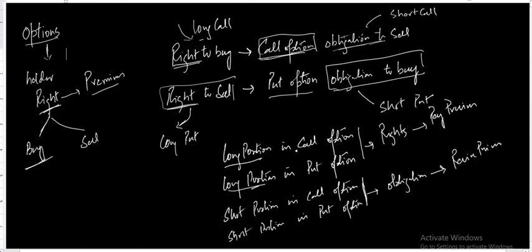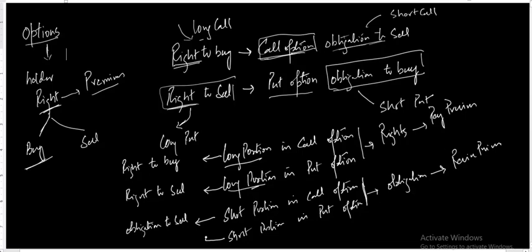Now the long position in a call option means the right to buy. The long position in the put option means the right to sell. The short position in call option means the obligation to sell. The short position in put option means the obligation to buy.